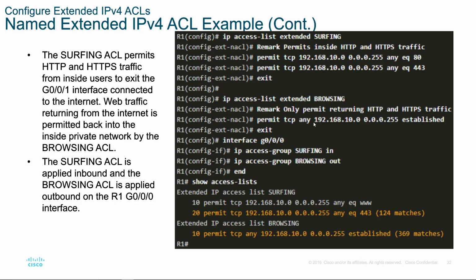Now we don't want to specify the conversation parameters because it may shift the port number as part of its negotiation for the conversation, but we know it will be coming back to our network address, so 192.168.10.0 with the wildcard mask on, and established. We then go to the interface that we wish to apply it on. Surfing is going in, browsing is going out.